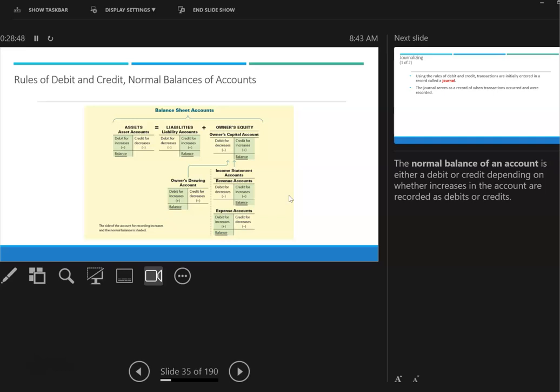Ultimately, our balance sheet shows assets equal liabilities plus owner's equity. We know that our revenues increase our owner's equity account and our expenses decrease it along with our drawings. So that's all going to ultimately flow right back into our owner's equity. Okay?